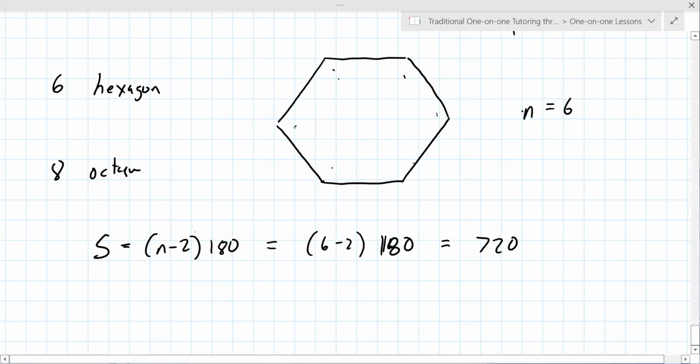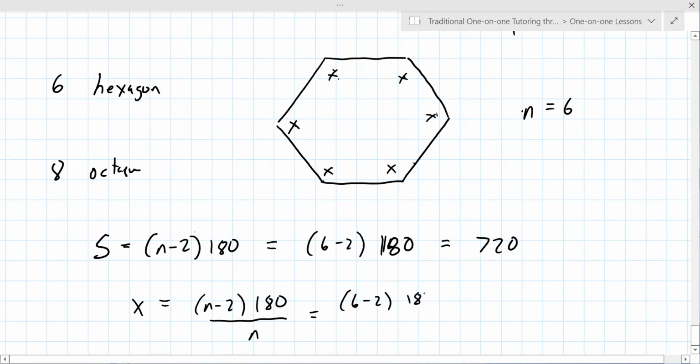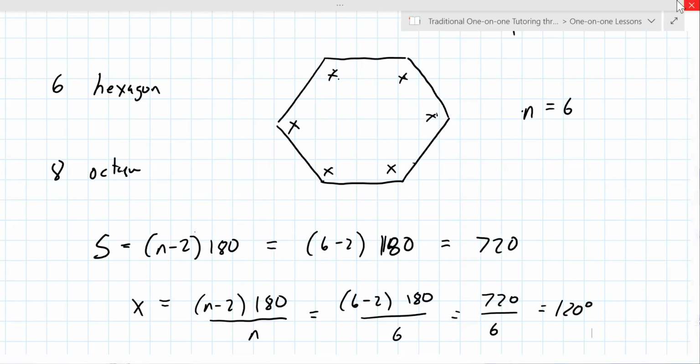But if we wanted an interior angle, we take the sum that we just found, the n minus 2 times 180, and divide it by n. 6 minus 2 times 180 divided by 6 is 720 divided by 6, which is 120. Makes sense.